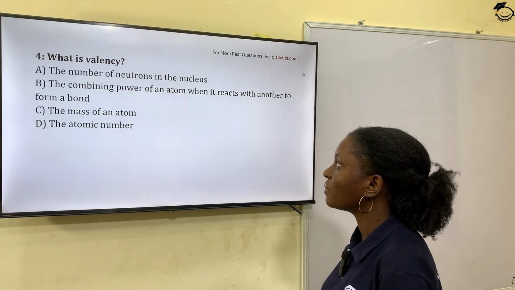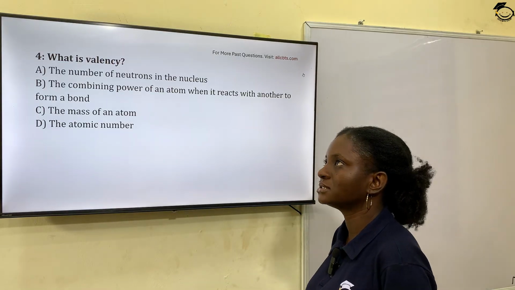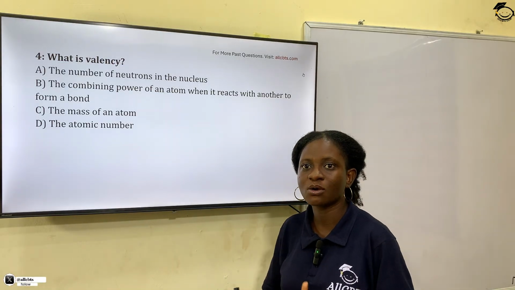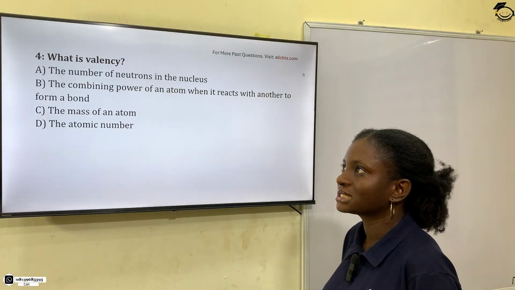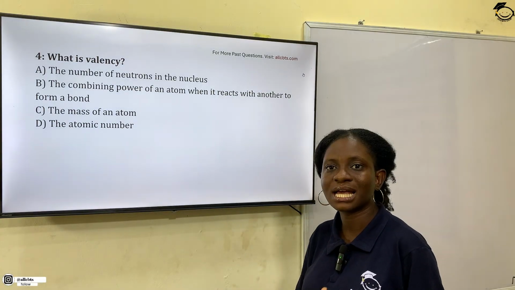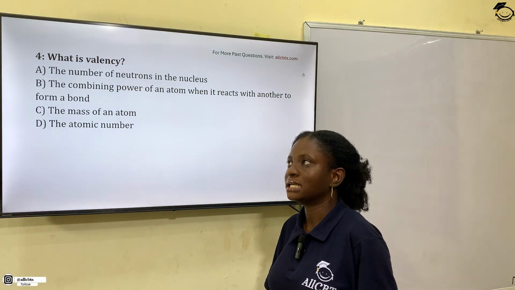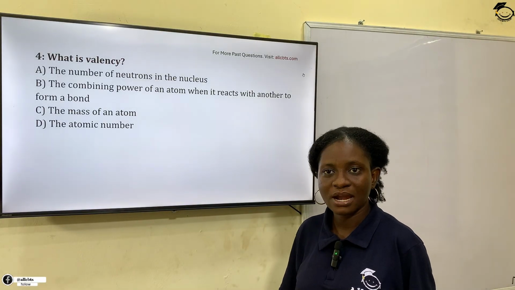Question 4. What is valency? The definition of valency is the combining power of an atom. For instance, you think of maybe there's a particular slot for a training and it's fixed for 5, and you have 3 people that are registered.